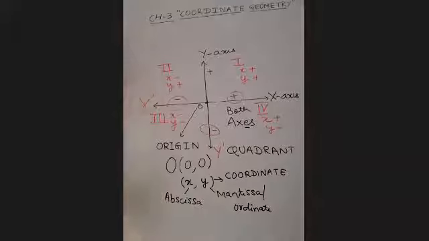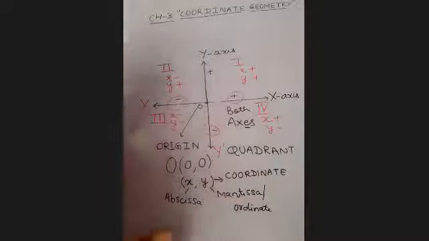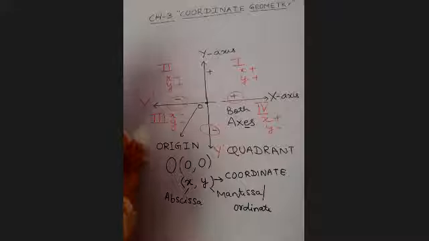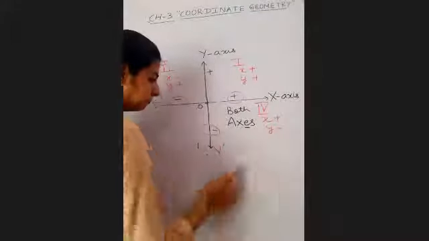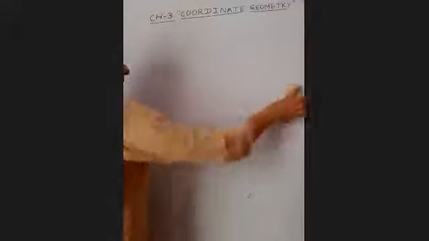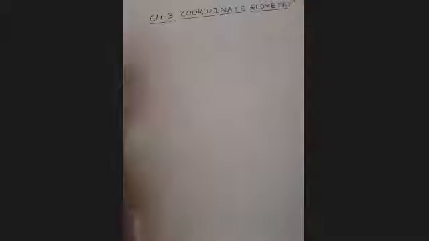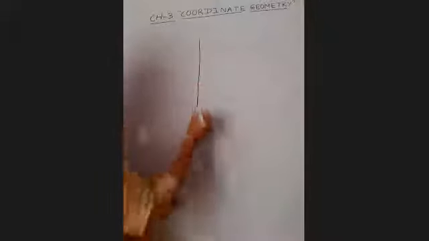Now I'm giving you the definition of Abscissa and Ordinate. What does it mean, children? Let us see that. For that, I'm rubbing off everything. Let me plot this again, neatly.